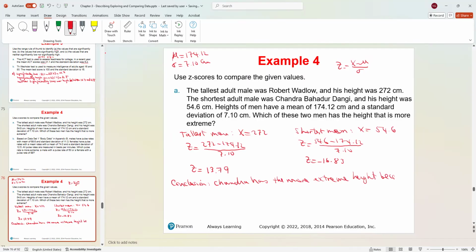Why again? Because his z-score of negative 16.83 is farther from the mean than the z-score of 13.79 for Robert.